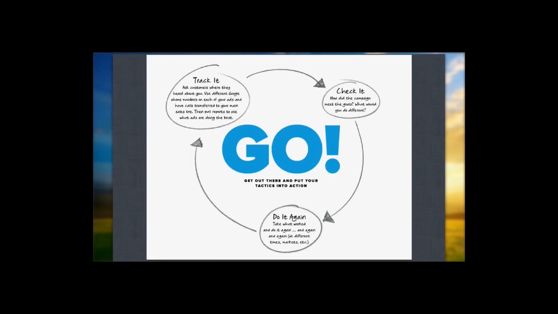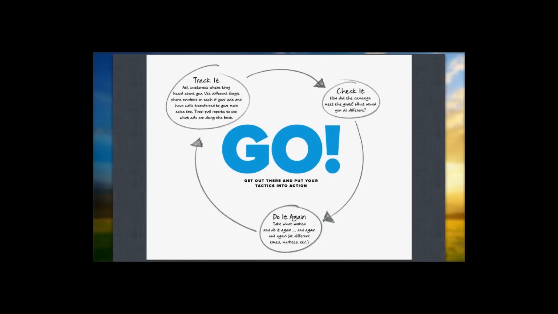Track it. Move on. How did that campaign work? Well, tracking studies showed that it worked here, here, and here. Those met the goals, those didn't. I'm not going to do the lawn signs anymore, but I am going to do the direct mail. That's what it told me. And then with that information from tracking and checking, do it again. Feed it back into the wheel. Don't stop.